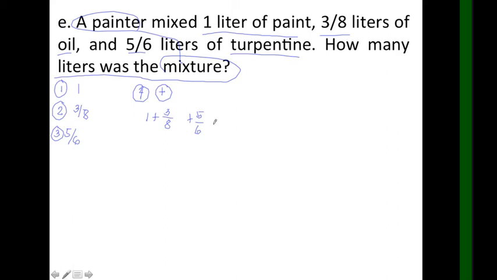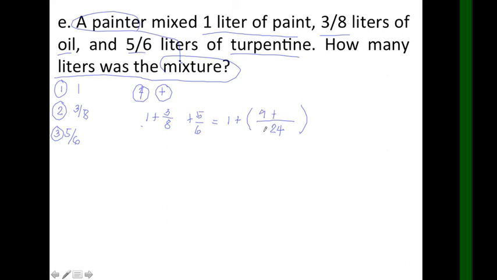Okay? So, ang LCD ng 3/8 at 5/6, so itatabi muna natin si 1. Plus, kunin ko yung LCD ng 8 and 6, that's 24. Pareho silang divisible by 24, tama? And 24 divided 8 is 3 times 3, 9.